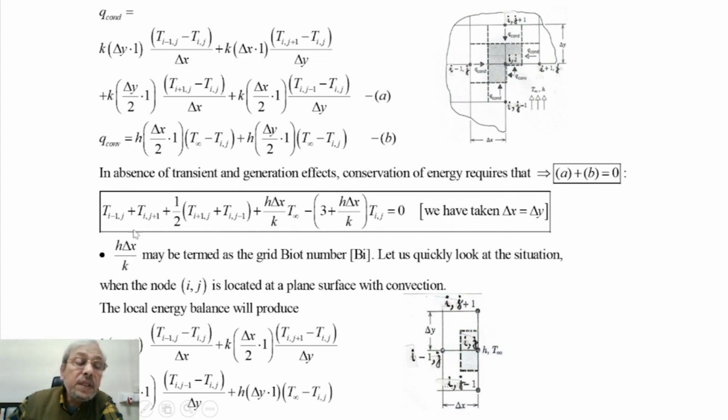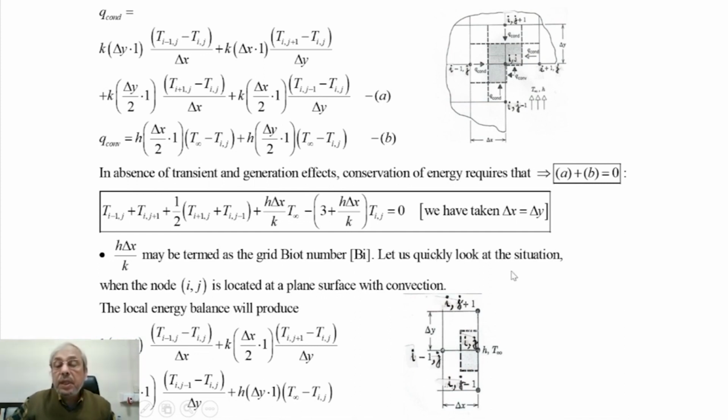So this is basically the Biot number, and since it is based on grid dimension, we can call it the grid Biot number.